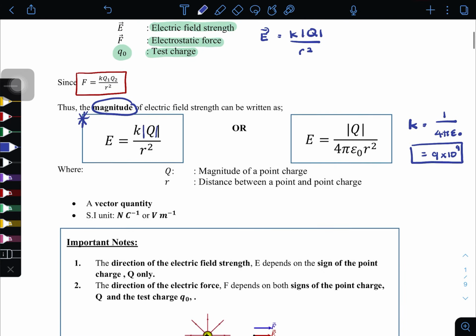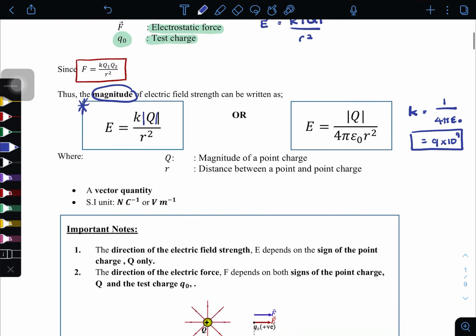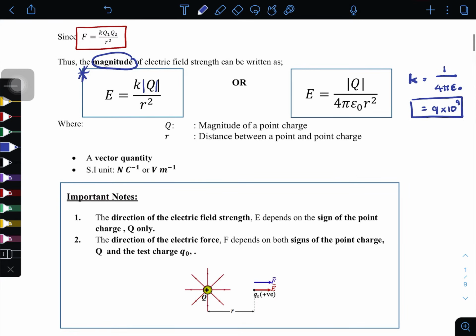Alright, so that is the magnitude of the electric field, how we calculate it, and it is a vector quantity. If it is a vector quantity, we know we should have a magnitude and a direction. The magnitude we can calculate using this formula, and for the direction, we need to know the sign of the point charge.